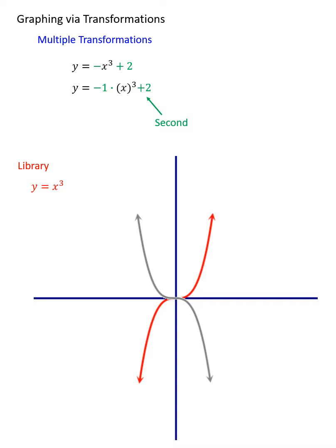And second, adding 2 to a function, so I'm now going to add 2 to the gray graph that you see there, simply shifts the graph up 2 spaces. And that is my final answer to this problem.